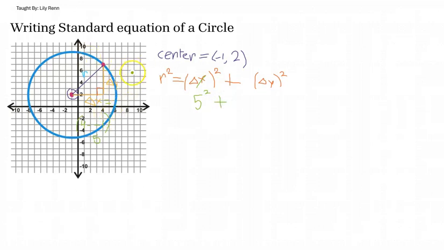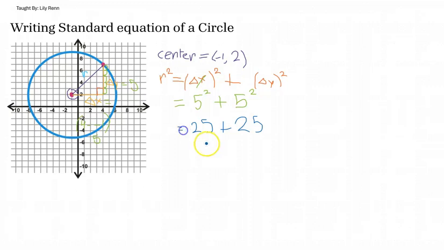Or we could go here. I'll show you this example of y. We can just count from the points. 1, 2, 3, 4, 5 right here. So this is 5 as well. Now that we have that, we know that 5 squared is 25, and 5 squared is 25.